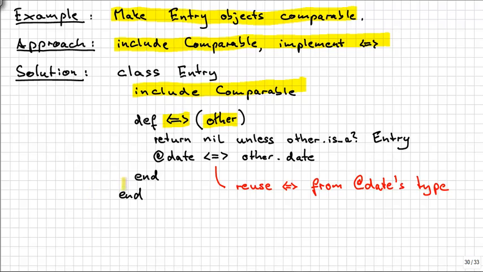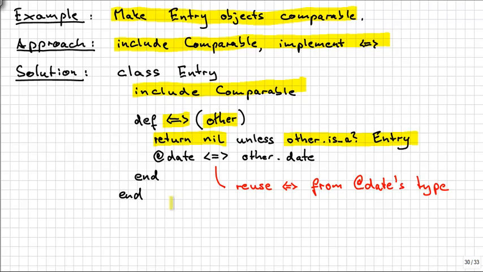The first decision we have to make is when we return nil, and we want to return nil unless the other object is of the class Entry. So we only want to proceed with the comparison if both objects are of class Entry.